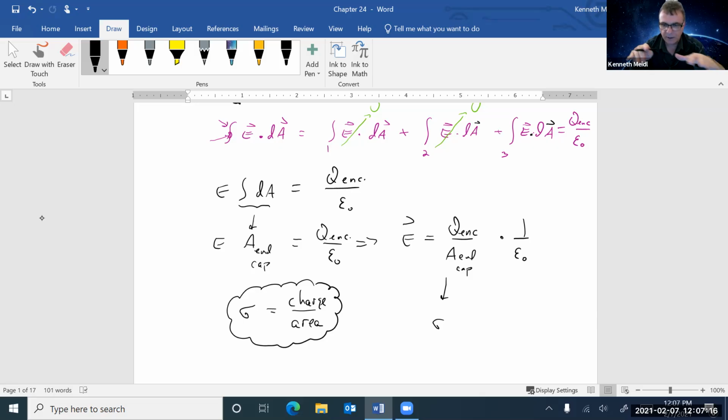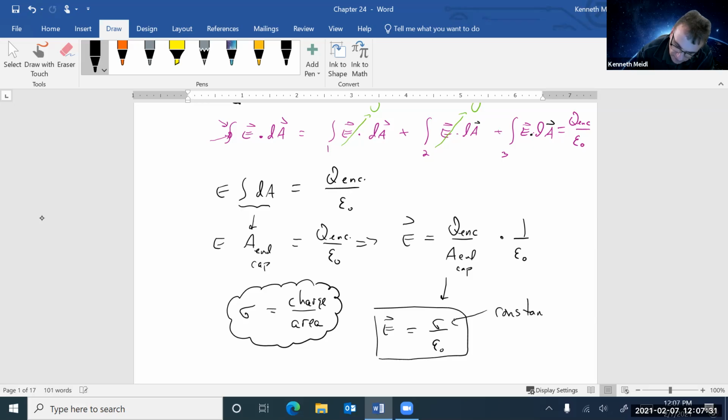Everything gets locked into equilibrium positions. So it doesn't make any difference how big the Gaussian is, because this is a constant for the material. If you draw a little one, you have a small amount of charge, but then you have a small area. That ratio is still the same for any size that you happen to choose.